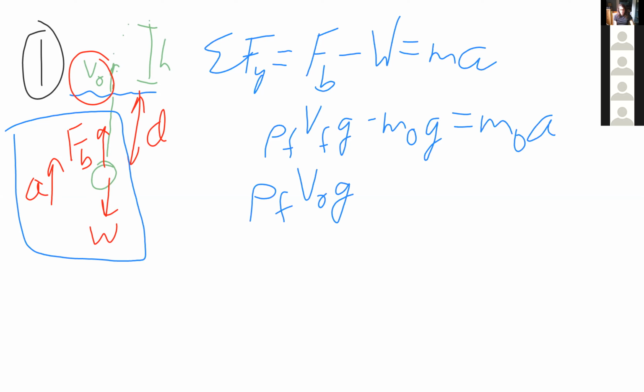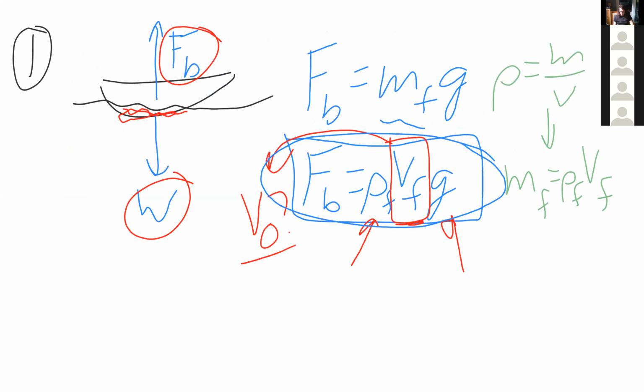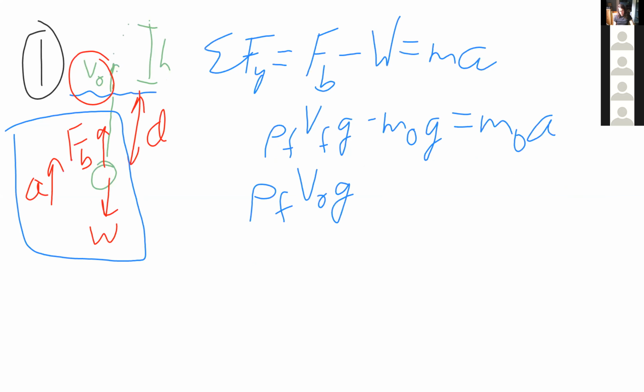Okay, now continuing on, we have the mass of the object. Sometimes we'll be given the mass of the object. In this problem, we are not given the mass of the object. All that we're given that relates to any of this is a ratio between the density of the ball and the density of the water. So just as I did back here, where I replaced mass with density times volume for the fluid, I can get a little crafty here and do the same thing for the object mass.